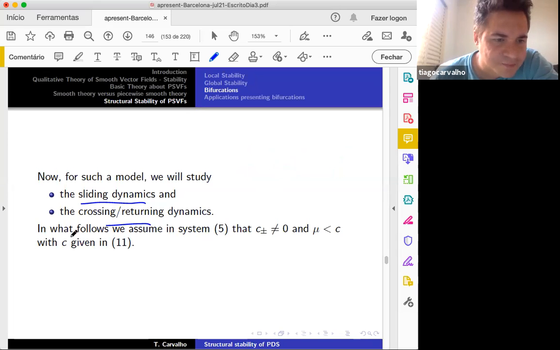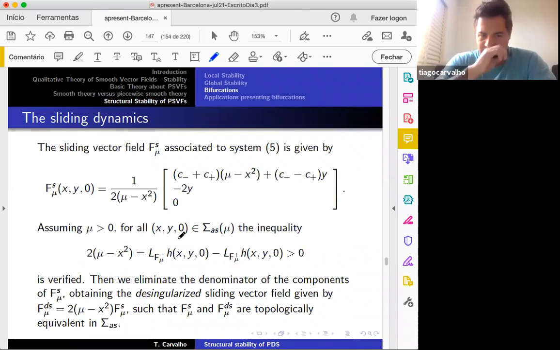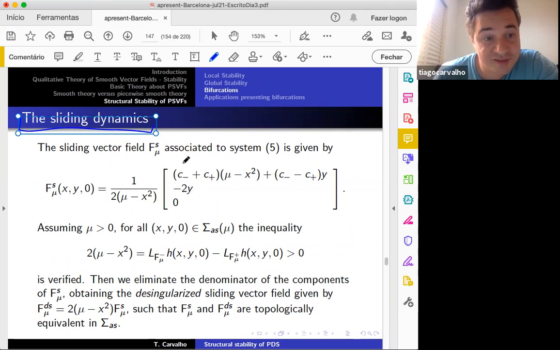The first thing is to study sliding dynamics. To do this, we have to compute the sliding vector field, which is this one. Doing the same calculation, the expression is the same as before.